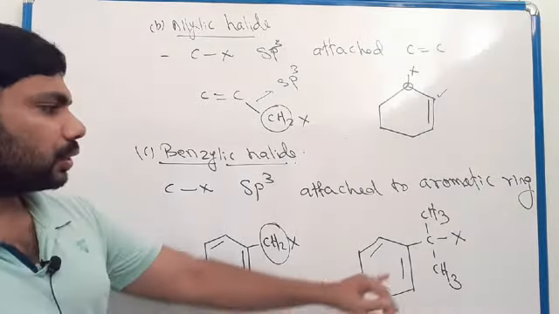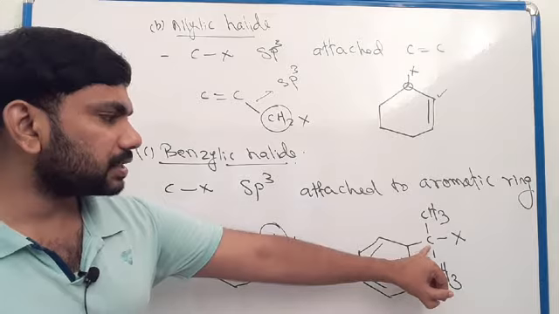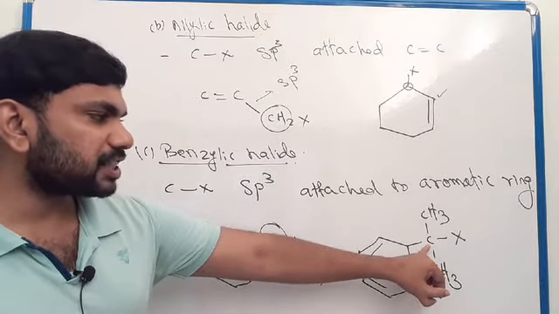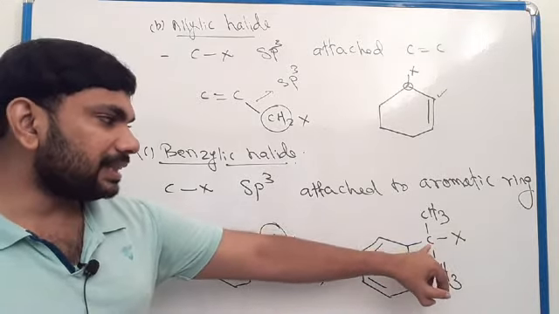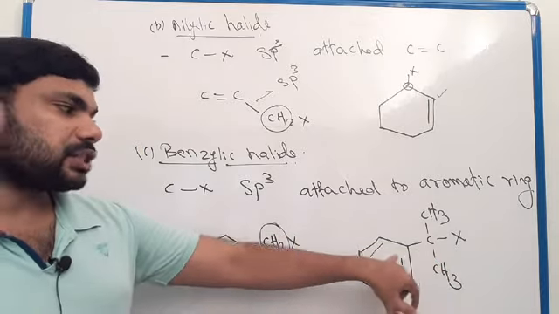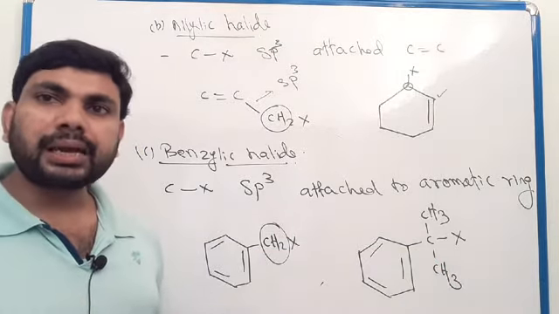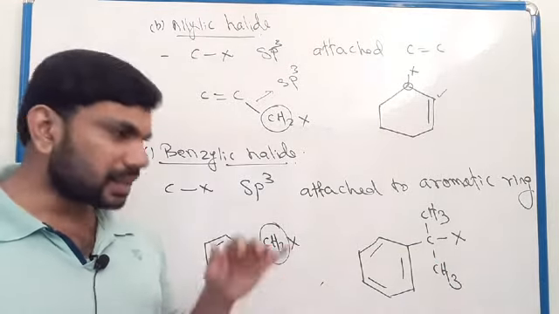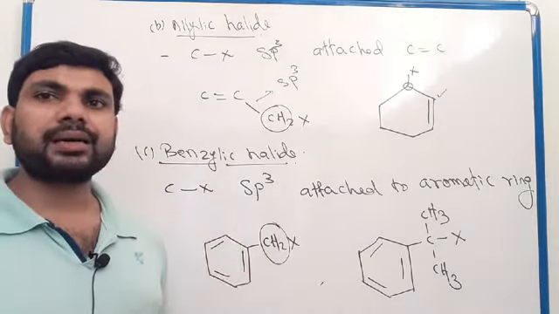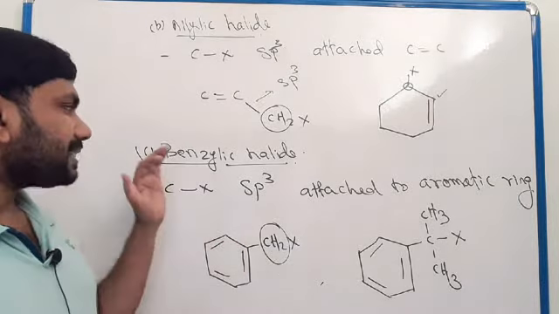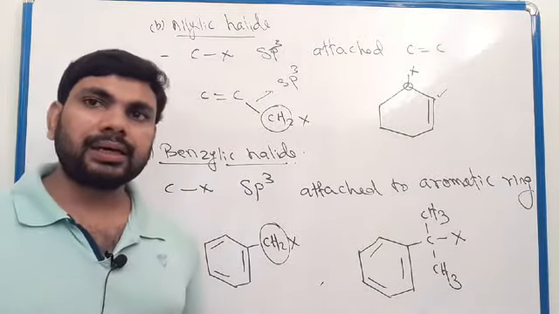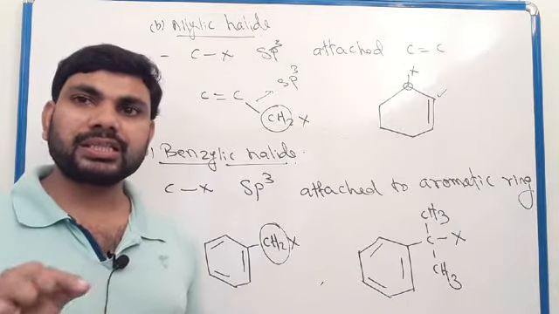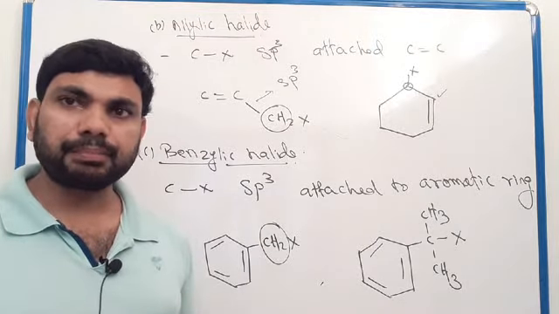Okay, so look here, this is carbon. This carbon is sp3 hybridized. Here halogen is directly attached. Then this carbon is directly attached to a benzene ring. Such type of alkyl halides are called benzylic halide. So here we discussed halogen attached carbon sp3 hybridized.